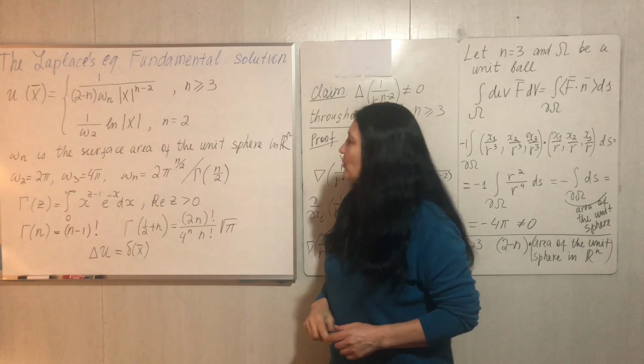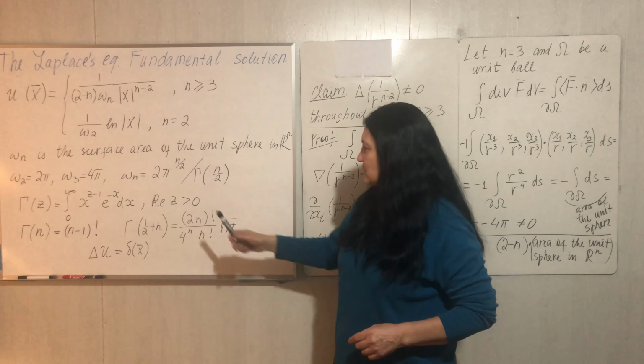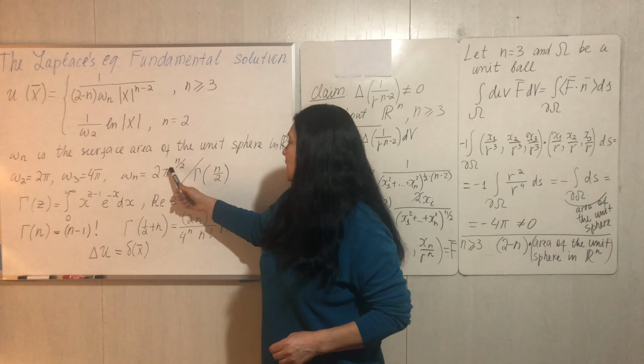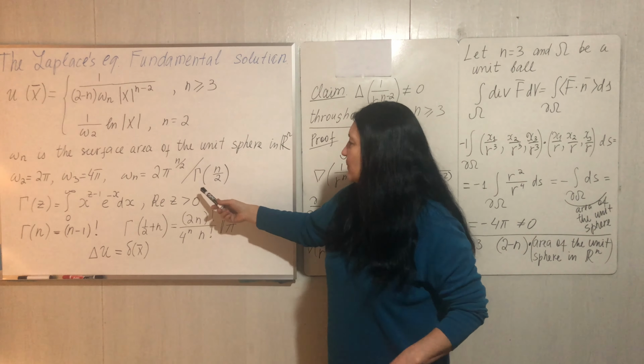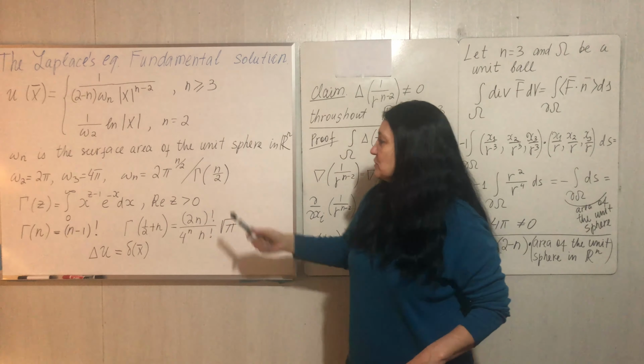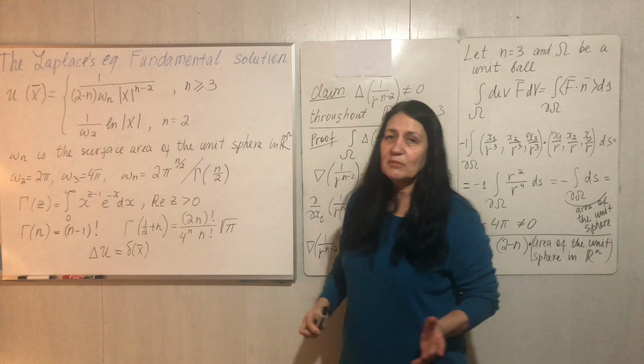The formula for the surface area of the unit sphere is 2 pi to the power n over 2 divided by gamma of n over 2. Gamma is the gamma function.